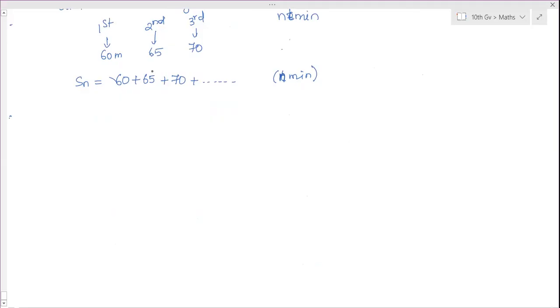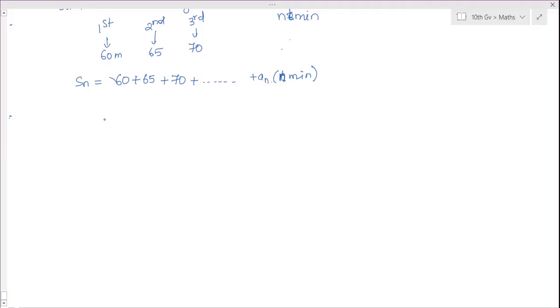So we have to calculate the sum of all these, where the last term is the total distance covered at the end of n minutes. So an is the last term, and we have to calculate Sn.